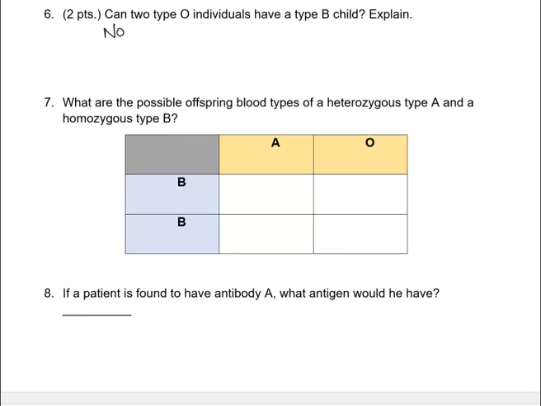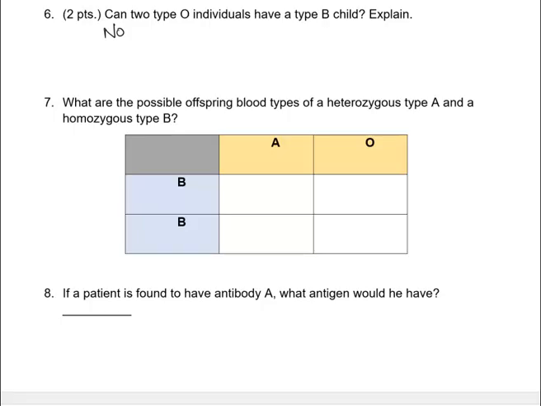Now let's look at number 7. It has a Punnett square. It says, what are the possible offspring blood types of a heterozygous A type and a homozygous B type? So we already have our Punnett square laid out. We have our A and O across the top for our heterozygous A type, and our homozygous B, our BB, down the left-hand side.